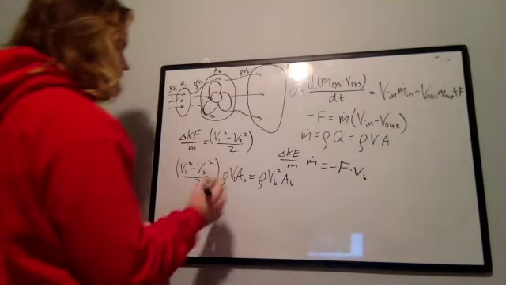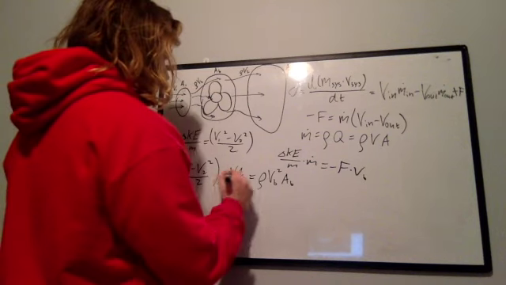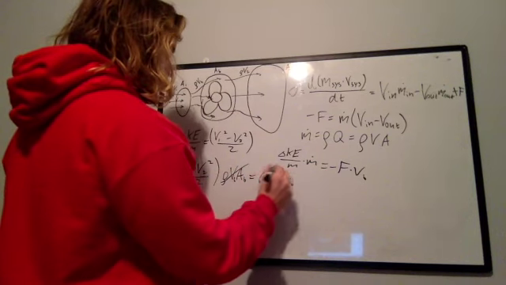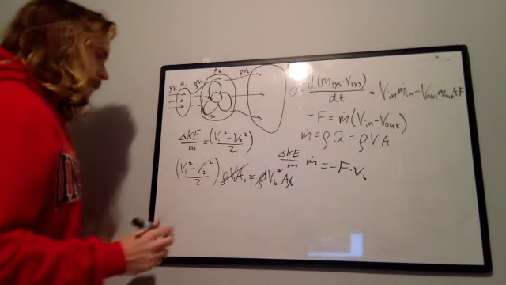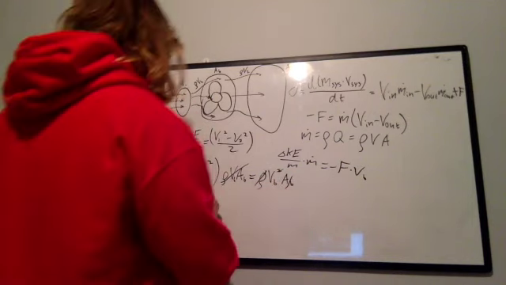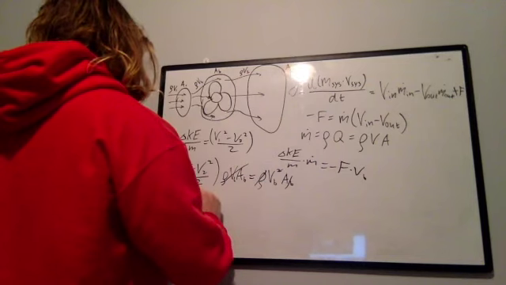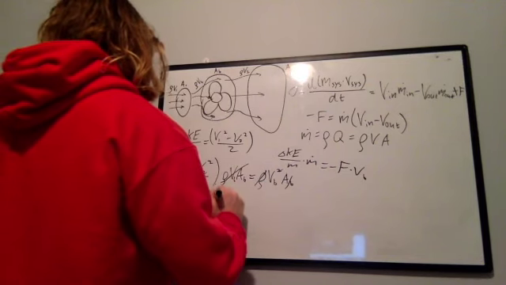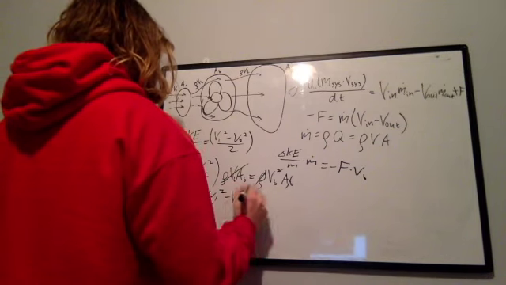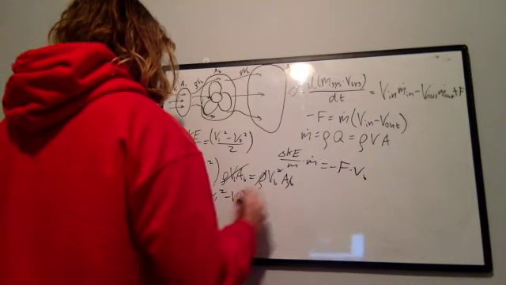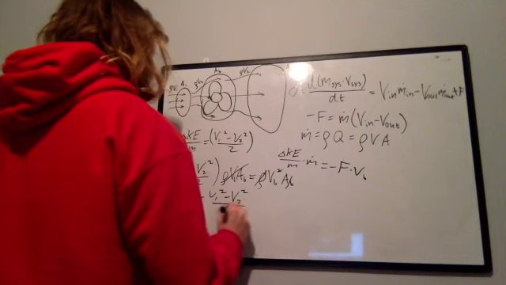We're going to have lots of things canceling out for us. This is all going to cancel. Squared's going to cancel. And we're just going to be left with a VB over here. So this is going to become VB equals V1 squared minus V2 squared over 2.